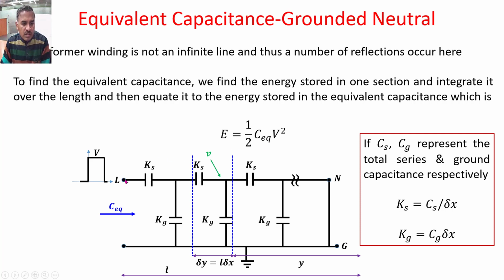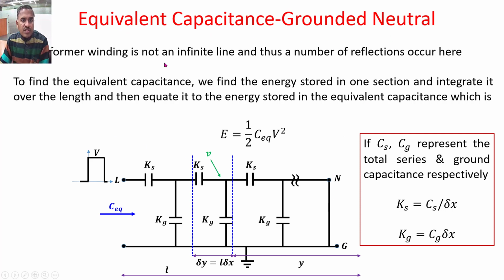The equivalent circuit is a distributed capacitive circuit, and we have also seen the voltage distribution in both the grounded neutral case and the open neutral case.